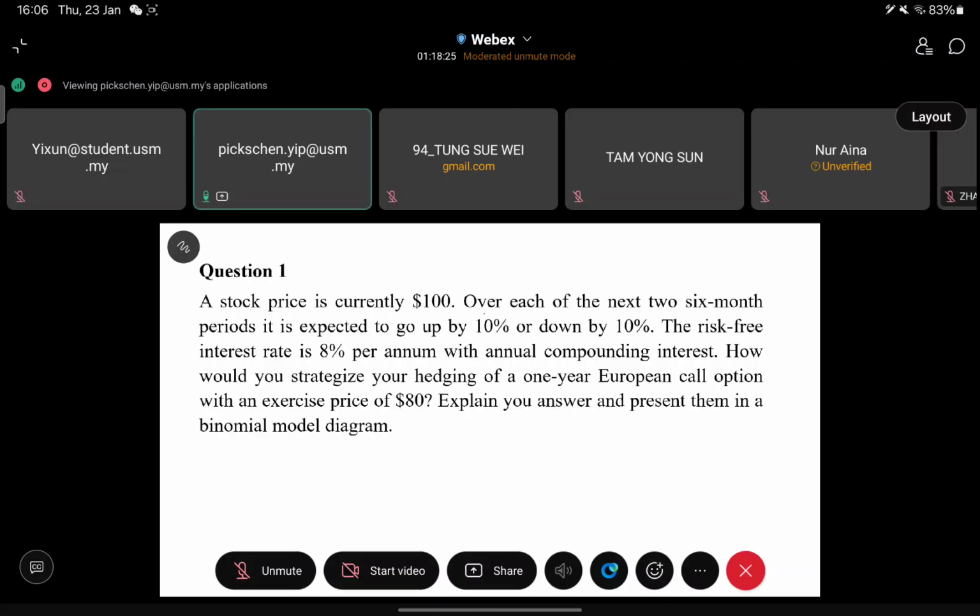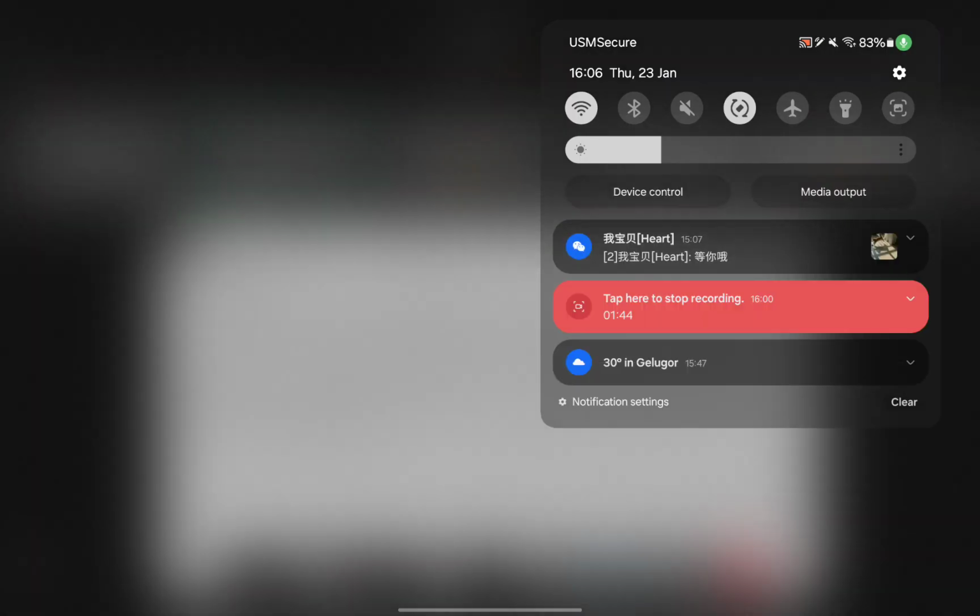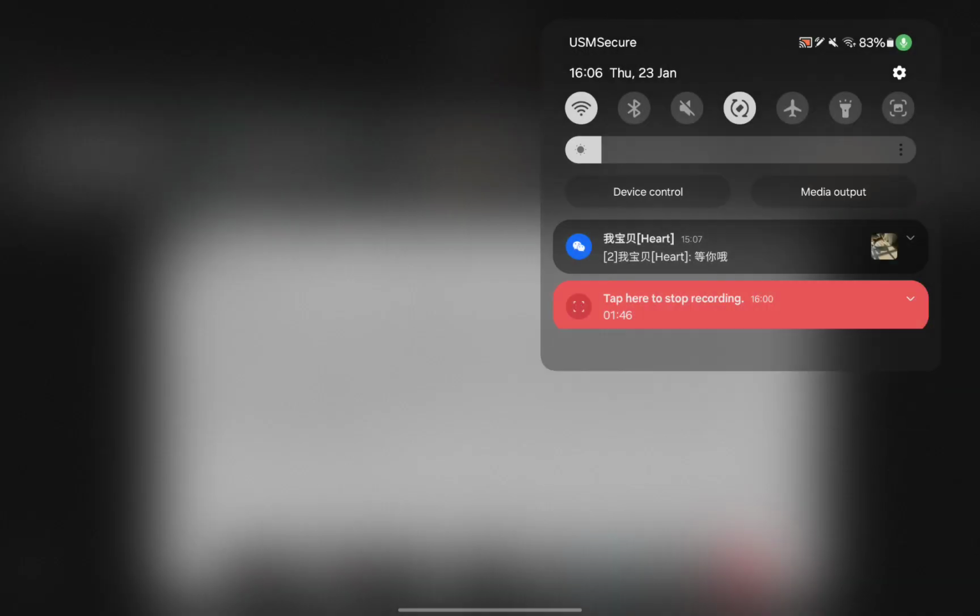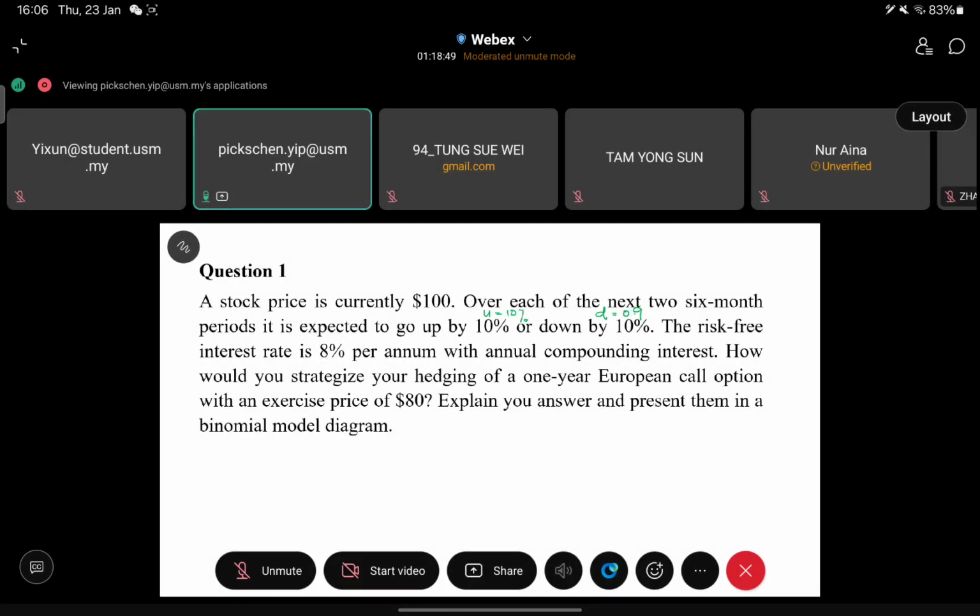So it means that U, the price that goes up, is 1.1, and D, when it goes down, would be 0.9. The interest rate is 8% per annum with annual compounding.